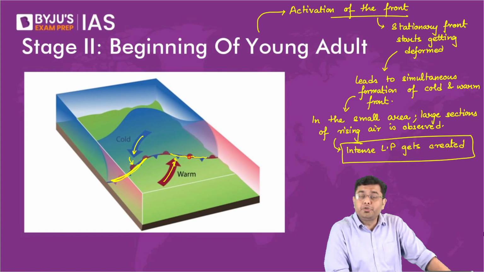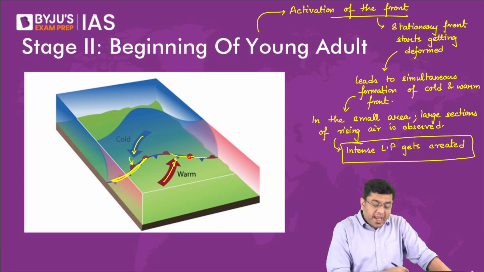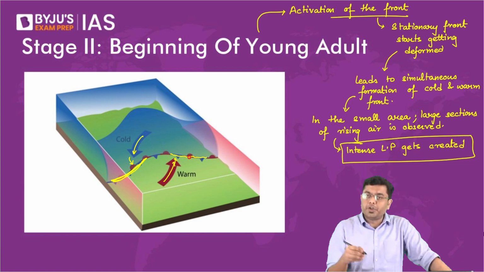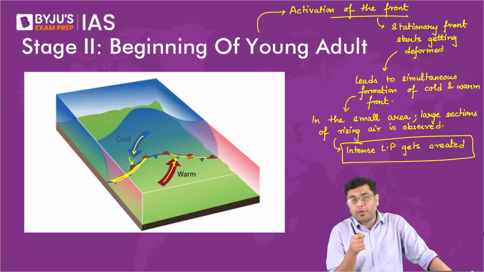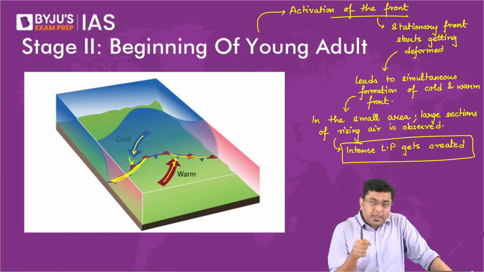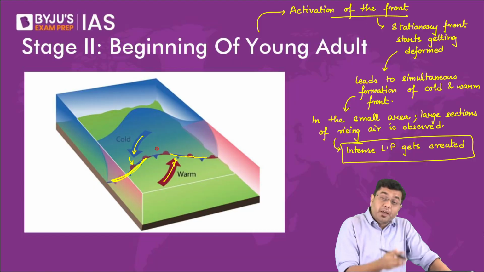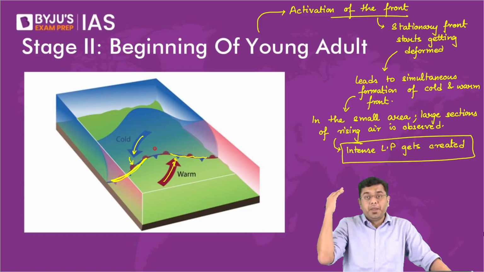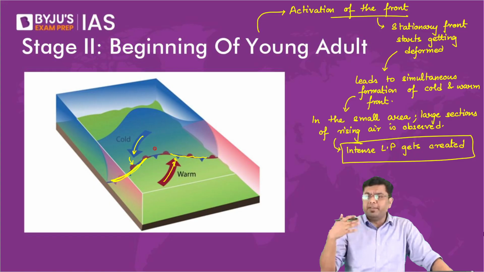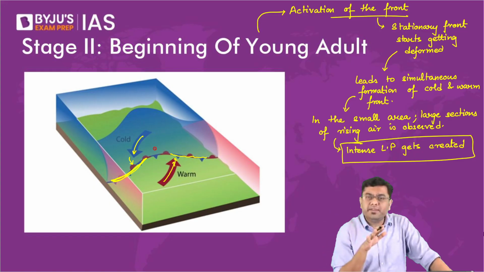So this leads to the distortion of the front. And simultaneously, you have the creation of the cold and the warm front. Now, in either of the cases, whether it is a creation of a warm front or creation of a cold front, both of them involve the rise of the air. So in both of them, the air rises in different proportions, but air rises nonetheless.